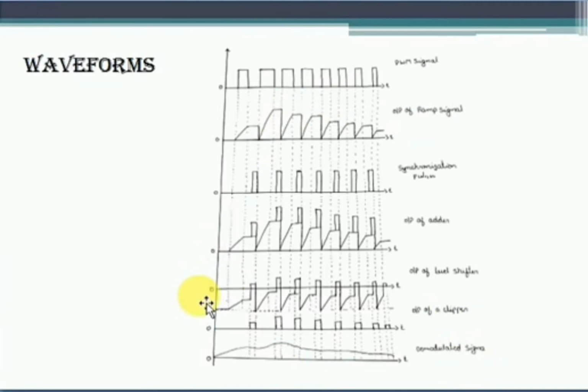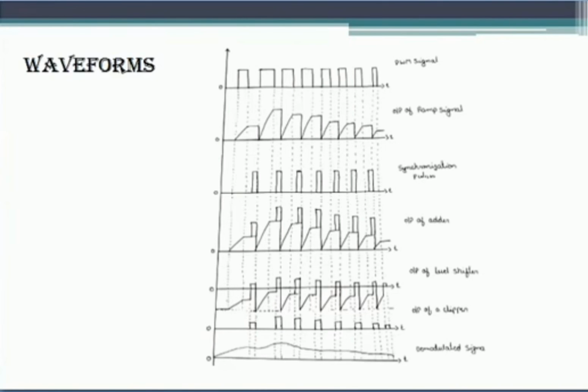Here we have to note that the ramp signal and synchronization pulses remain constant, and also the adder remains constant, but the level shifter and clipper circuits will be designed according to a particular application. So depending on the application, we can use a positive or negative clipper, or a positive offset voltage level shifter circuit, or a negative offset voltage level shifter circuit.